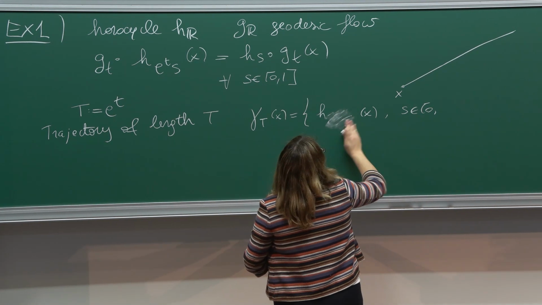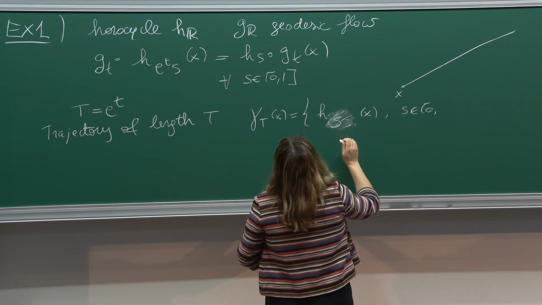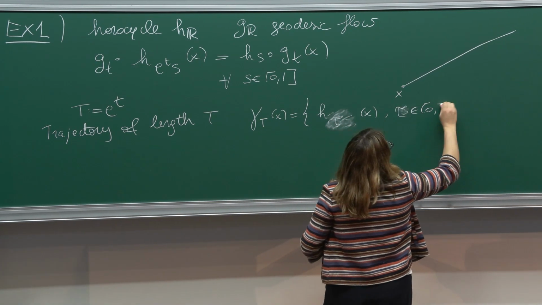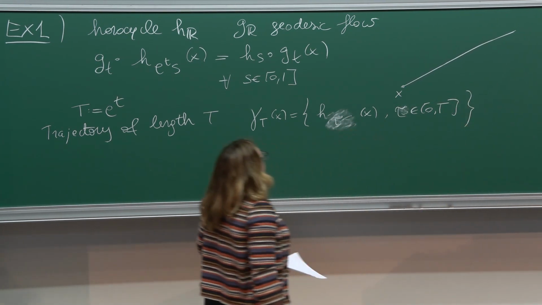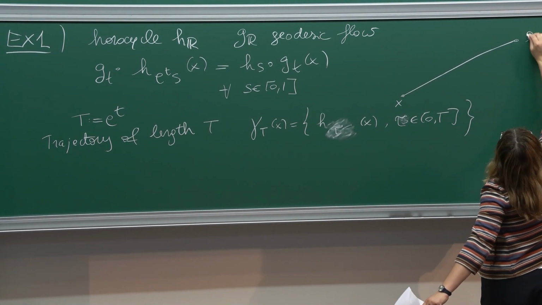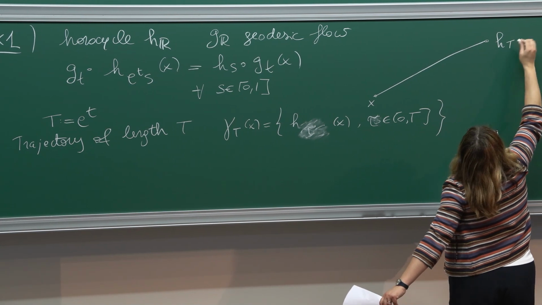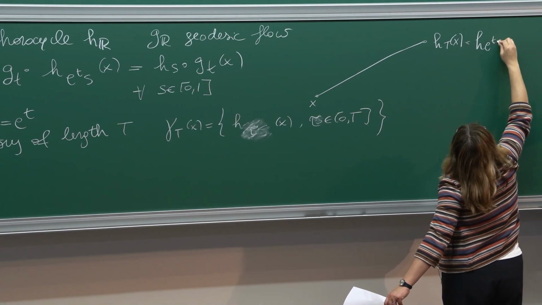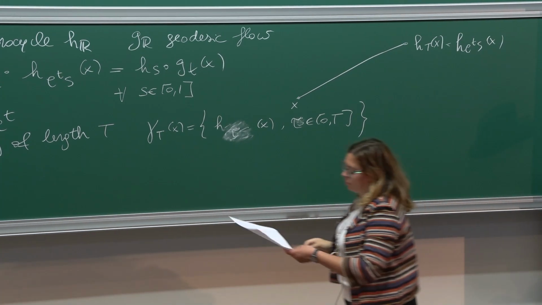OK, now let me just write it. I need another letter. H tau. Yeah, if I have a long trajectory, so this is H_t of x, which is H of e to the t s. Yeah, I'm going too slow maybe.